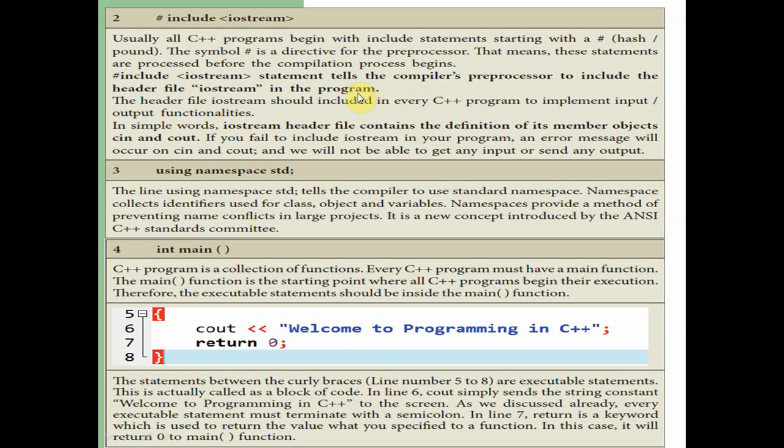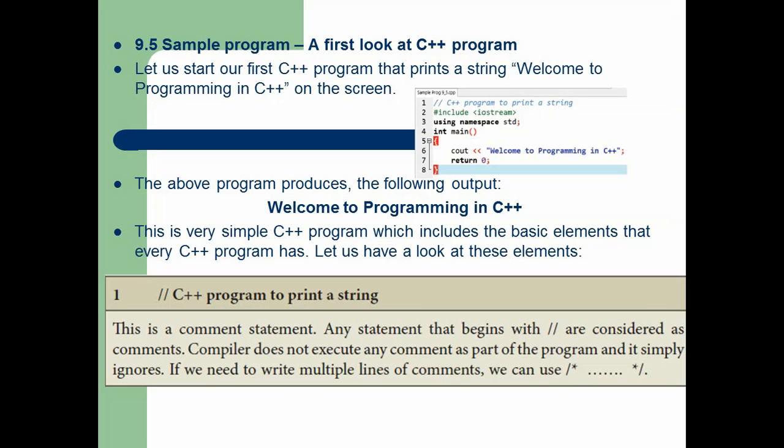That's why we add the iostream header file, to access the cin and cout objects. Without the cin and cout objects, we cannot accept input from the keyboard and we cannot send any data to output. So this is the meaning of the line. In fact, in C++ there are many header files, and we can add each header file one by one. This is a simple program, that's why we use a single header file.